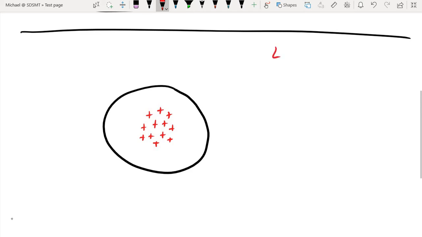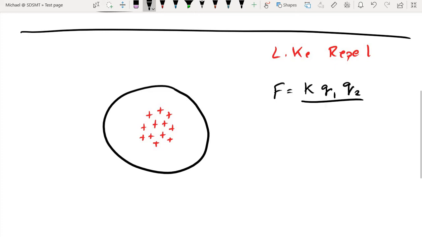We know that like charges are going to repel, and based on Coulomb's law, we know that each individual charge will interact with every other charge in the system.